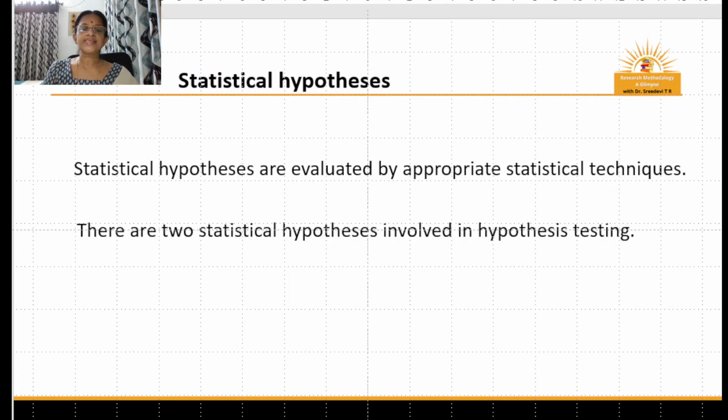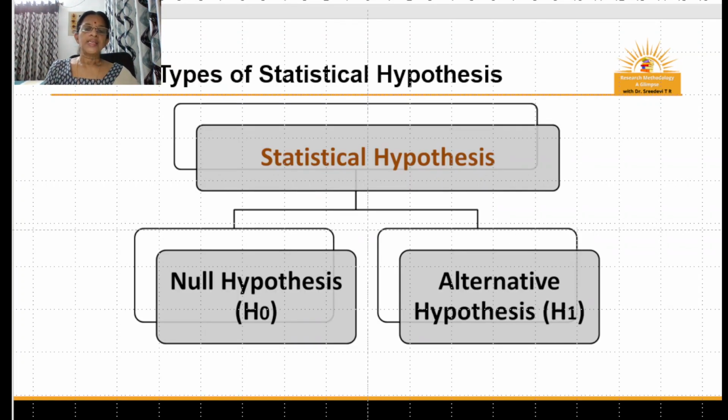There are two statistical hypotheses involved in hypothesis testing, that is mainly null hypothesis and alternative hypothesis. Null hypothesis is designated as H0 and alternative hypothesis as H1.